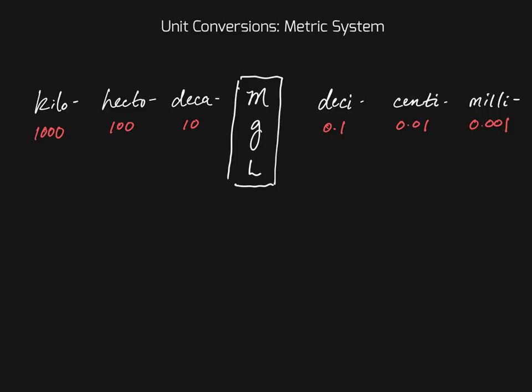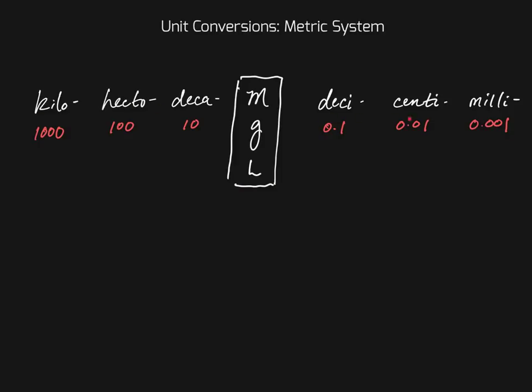The base unit for length in the metric system is meters. The base unit for mass is grams. And the base unit for volume is liters.